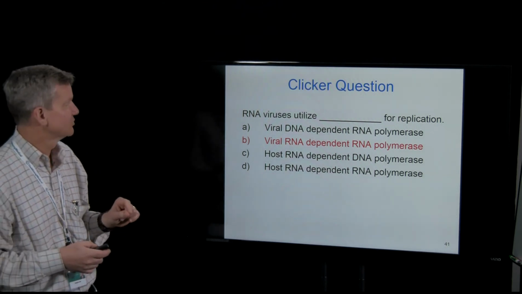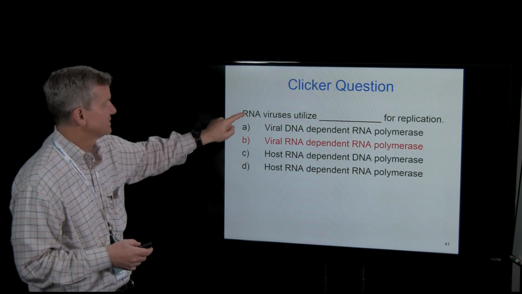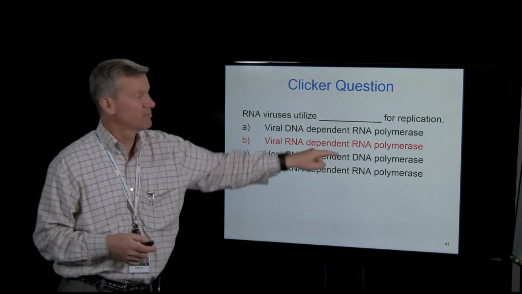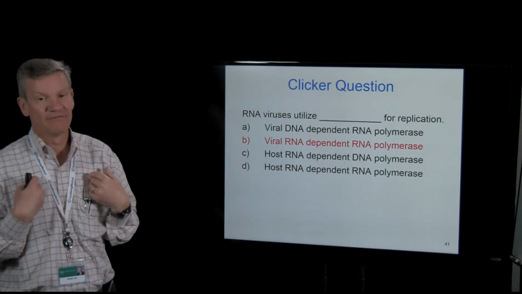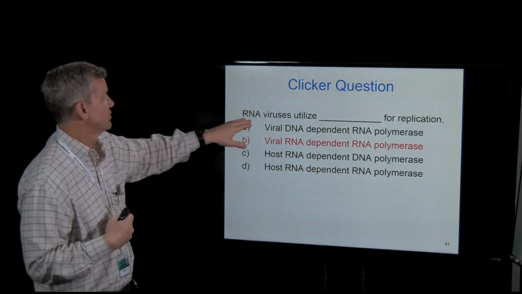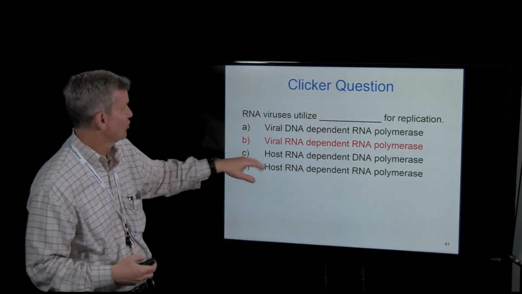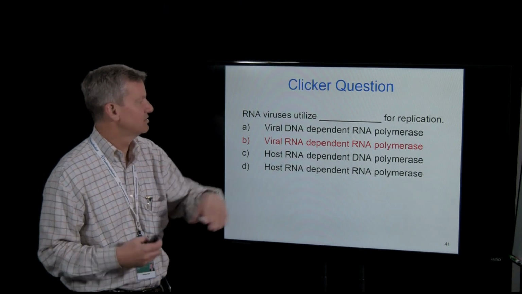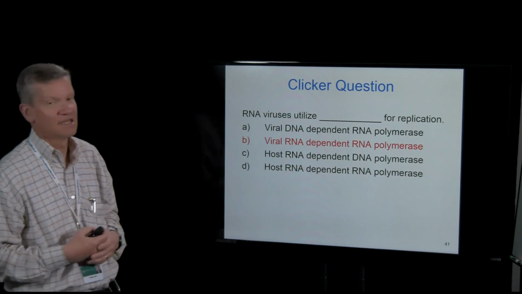This is correct because this is an RNA virus, so it has to make its own RNA-dependent RNA polymerase, since we are not made of RNA, we're made of DNA. If the question was about DNA viruses, the answer would be E, a host DNA-dependent DNA polymerase for replication. So that answer is not even up here if it was a DNA virus.